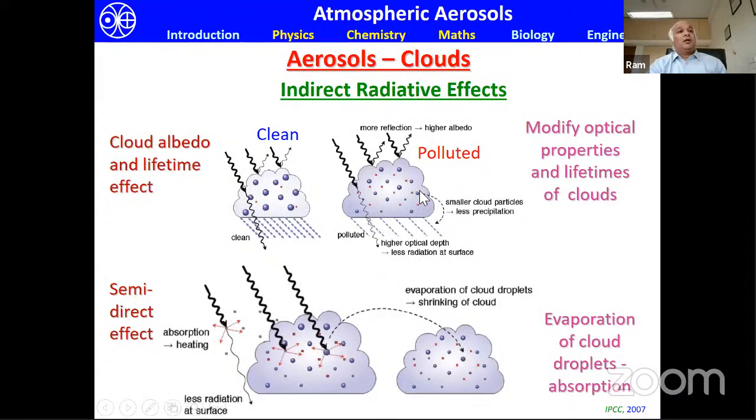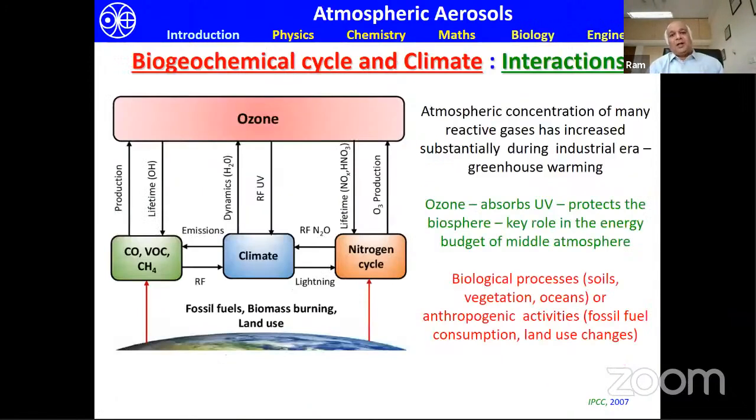Between a cleaner and a polluted environment, the size of the cloud droplets, shown in blue circles, reduces, and you can also see more red drops, which are the aerosols. This can modify the optical properties and lifetimes of clouds, and if these aerosols are of an absorbing nature, they can actually burn off the clouds, and hence the evaporation can reduce.